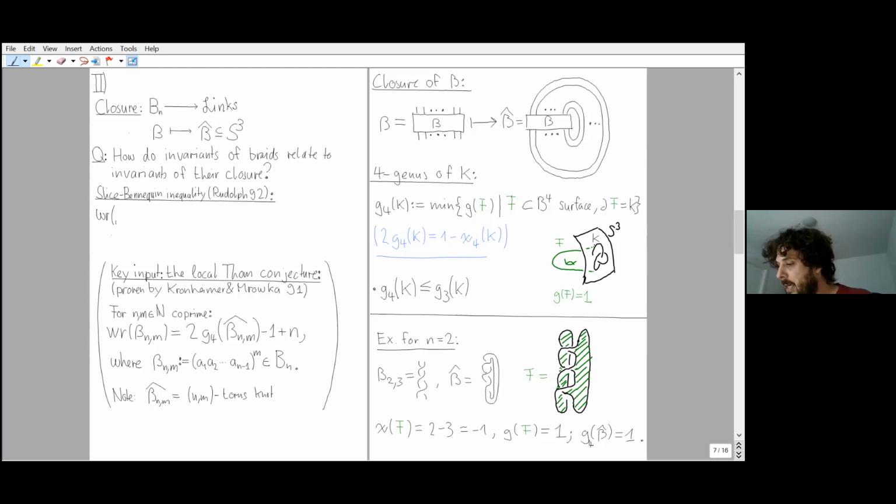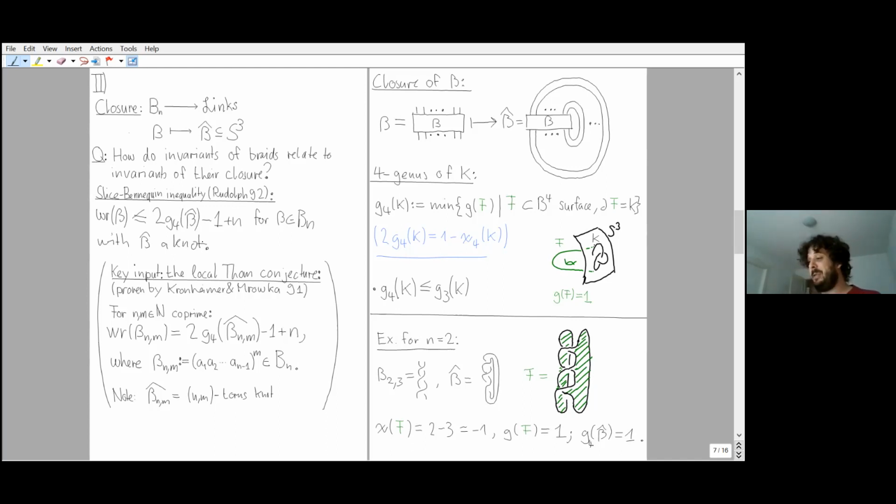The writhe of a braid is related via this affine function to the four-genus for all braids in Bn. And now I want the closure to be a knot.